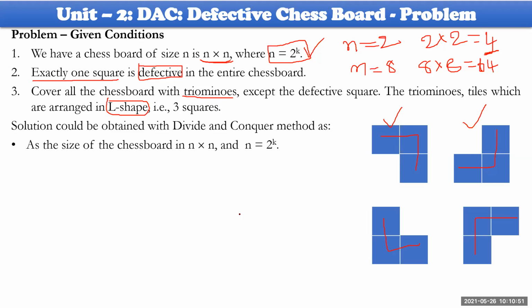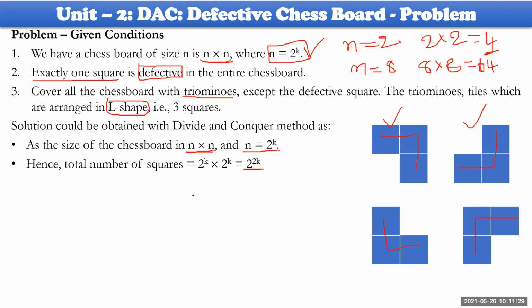As we consider the chessboard size is n by n, each n will be 2 power k. Okay, it is a given condition actually. If you consider this particular condition, the total number of squares will be 2 power k into 2 power k, that is 2 power 2k squares within your chessboard.